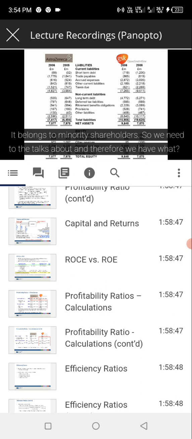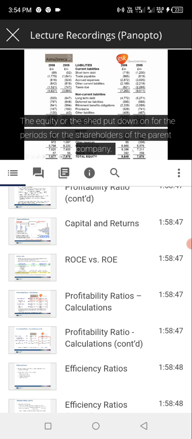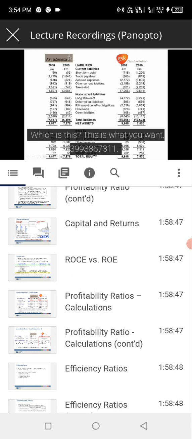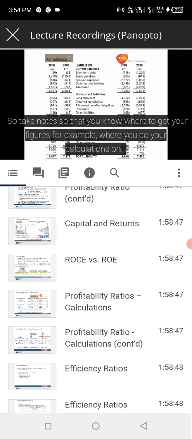And therefore, we have the equity or the shareholders fund for the parent, for the shareholders of the parent company, which is this. This is what you want. 9386, 7311, and this one 7820 and 7920. So take note so that you know where to get your figures from.